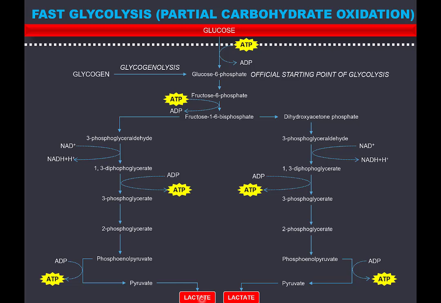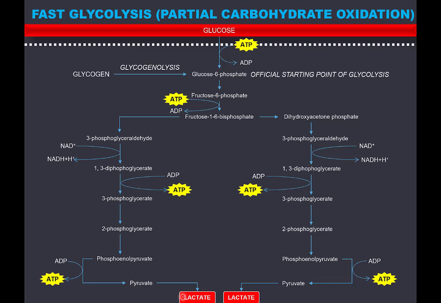So partial glucose 6-phosphate or carbohydrate oxidation ramps up during post-anaerobic threshold exercise intensities. So 2 to 3 ATP very fast through these 10 reactions, ending in lactate.